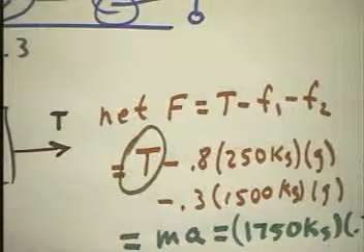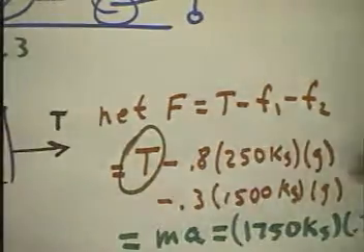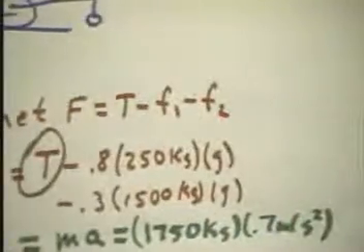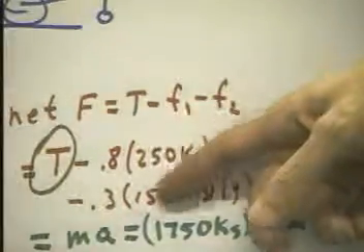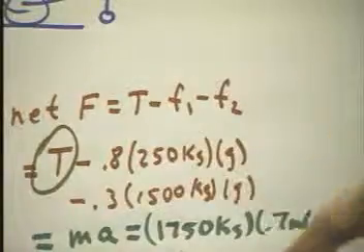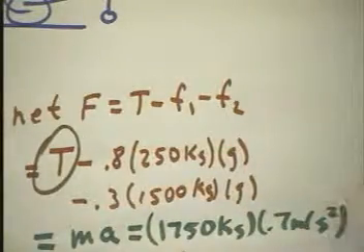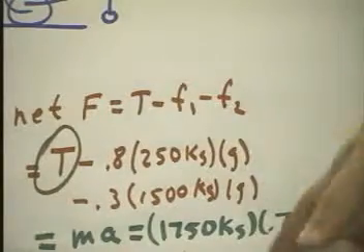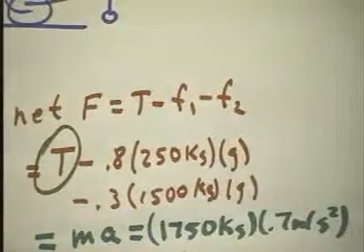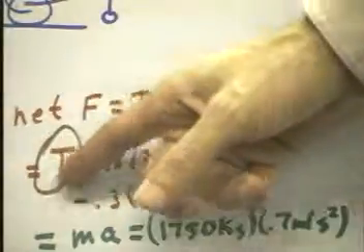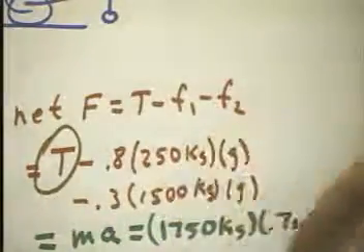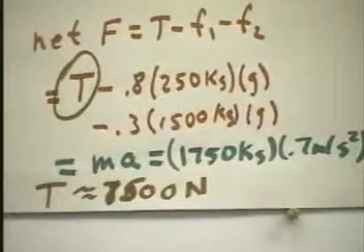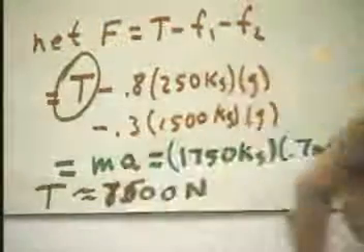And then we see that, of course, the net force is the mass times the acceleration of the system, and the mass of the system is the total mass of the two objects, the sled and the individual, 1,750 kilograms multiplied by 0.7 meters per second squared. So, taking this somewhat arduous equation here, this expression equal to this expression, multiplying everything out, we can easily solve for the tension, and we get a tension of approximately 7,500 newtons.